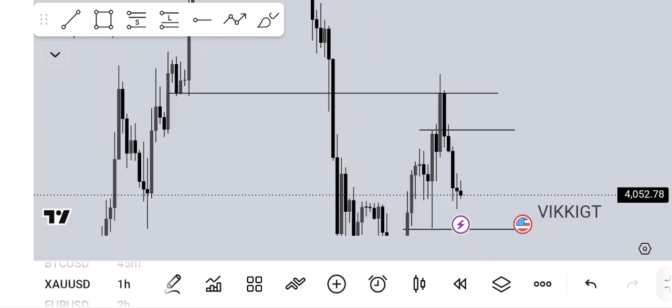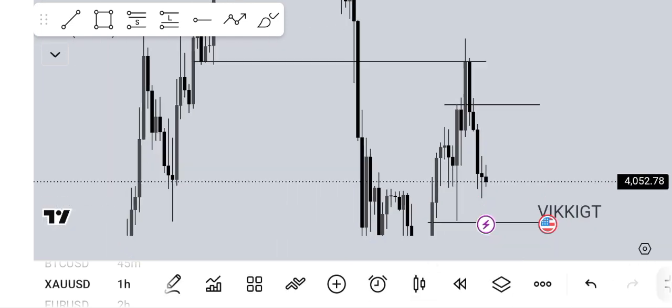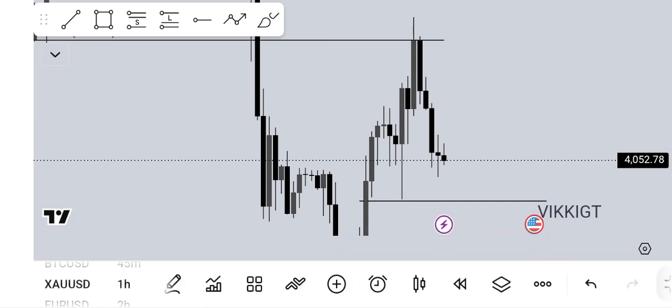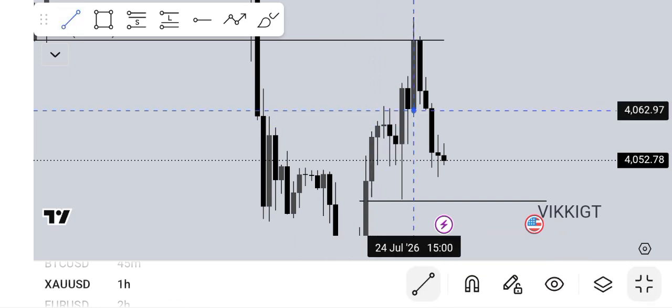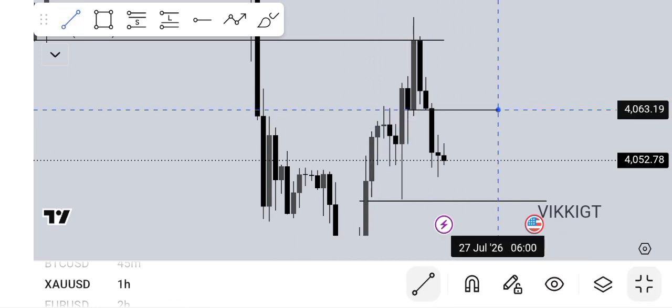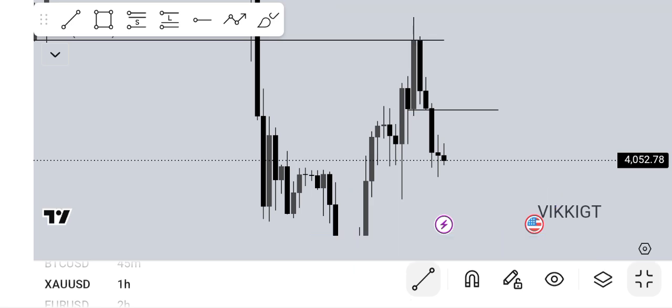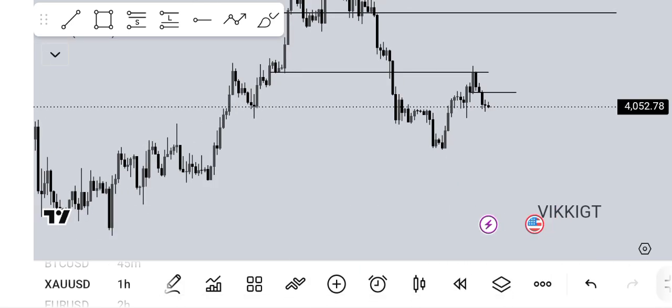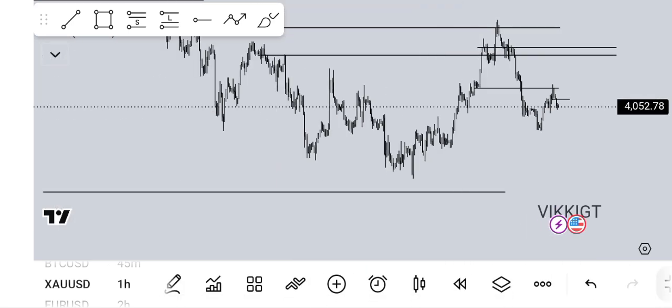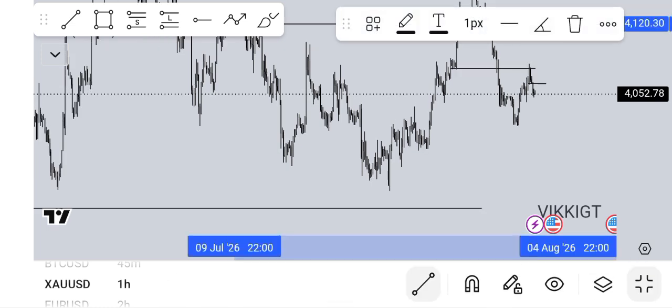Also we have, see it here, H1 rejects H1. We have H1 breakout after the 4 hours rejects 4 hours. This is the candle range low on 4 hours time frame. So on XAUSD, I'm still bearish.